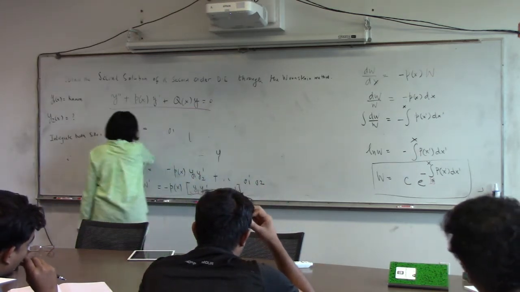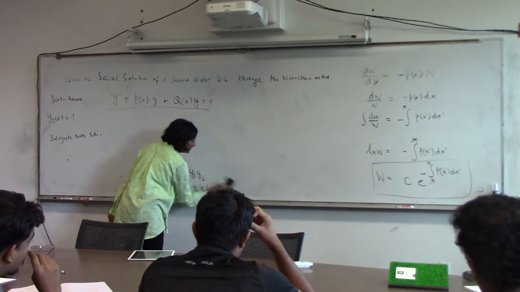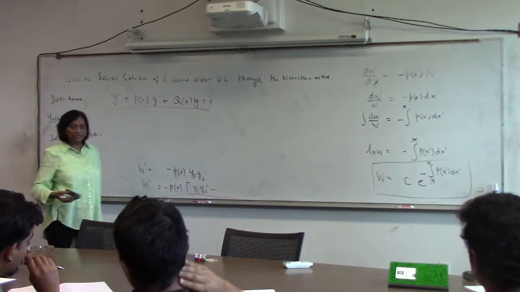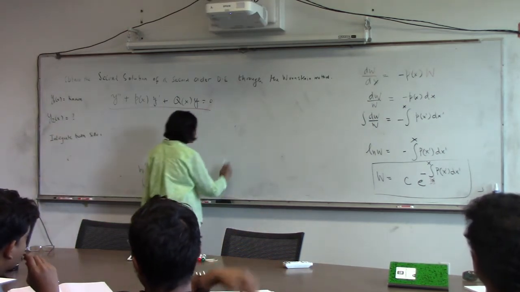So we now have a neat way of calculating a second solution, which only exploited the fact that the solutions have to be linearly independent. That's it, and that's all it did.